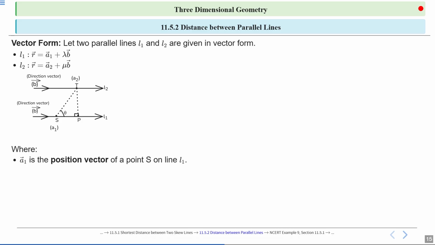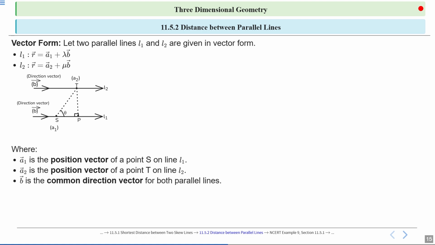Now let's clarify what A1 represents. The vector A1 is the position vector of a specific point S on the first line L1. Similarly, A2 vector is the position vector of the point T on the second line L2. So A2 vector locates the starting point of the second line in three-dimensional space.